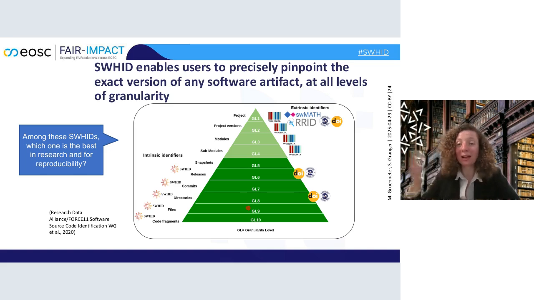We have analyzed a lot of identifiers in this report, so it's a large report, and identified that some objects, some granularity levels require an intrinsic identifier, and other granularity levels are not digital objects and do not require an intrinsic identifier. On the contrary, they require an extrinsic identifier.